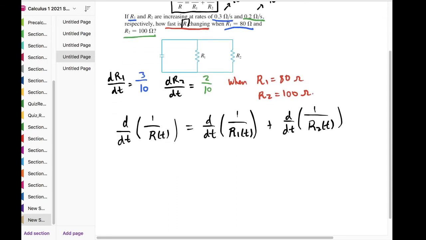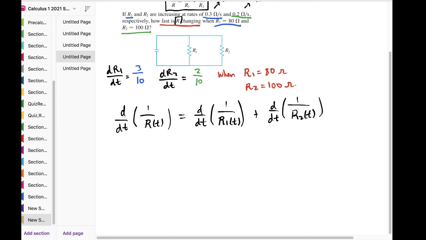Okay, what are some values here? What is the derivative of 1 over R of t? If we know one, we can just do the rest. How do you solve such a derivative? I need to use some rule.